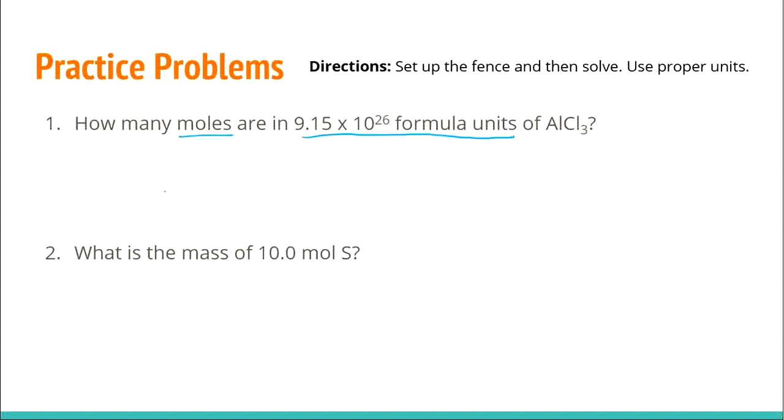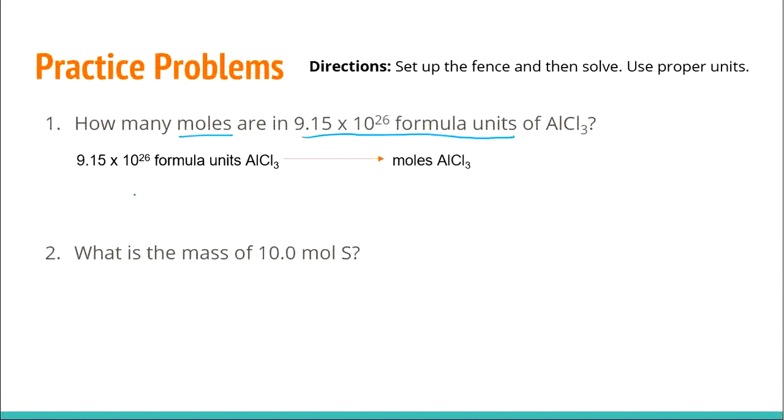This is important for these fence problems because it will basically determine how to set up your fence. So we begin with formula units and it wants moles. So that's where we're headed.